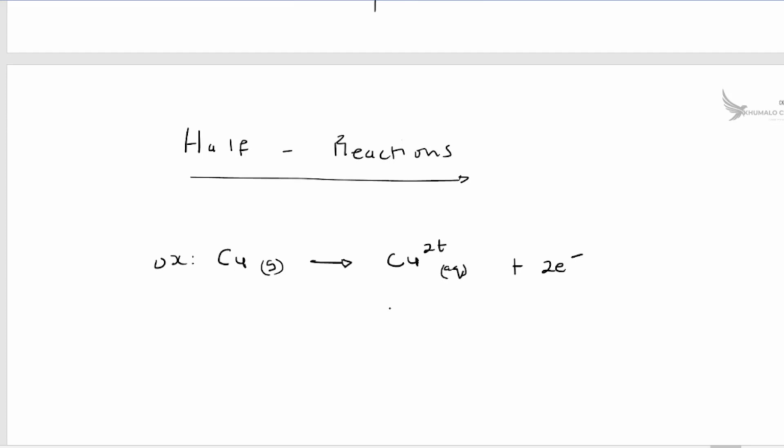So on the reduction side, we have copper ions gaining electrons again. Same element, Cu2+ in aqueous form, plus 2 electrons, changing to become Cu solid. This Cu solid is the surface that we coated with. It's the coating surface.